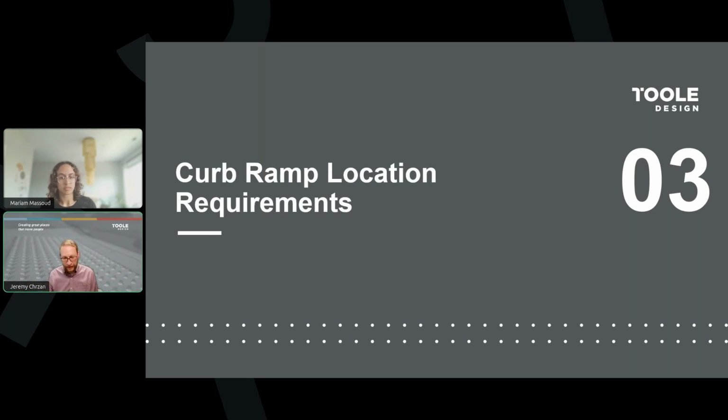This is something that the Access Board has weighed in on, as well as the Department of Justice, that they've identified that mill and overlay is a trigger. As I said, the crossing itself consists of the curb ramps on either side and the crosswalk. So if we are altering any one piece of that, the whole crossing needs to be compliant.